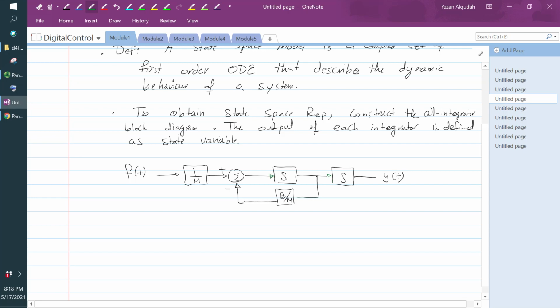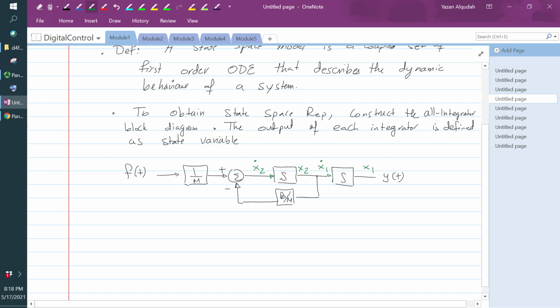So again, everything is going this way. The output of this integrator, we're going to call it x1. The input is going to be x1 dot. I'm going to come to this integrator. I'm going to call the output x2. The input is going to be x2 dot. So again, two integrators, and of course the order doesn't matter.